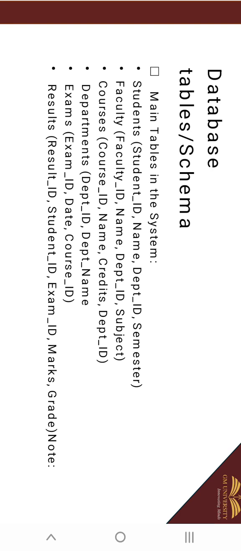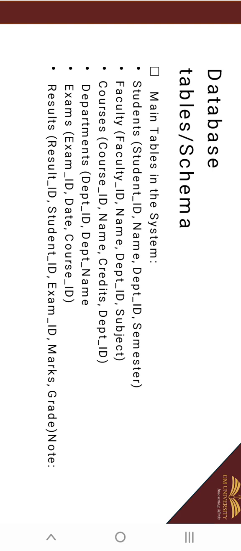Here schema means we have not added any values, we only define the schema. We only define what the entities are, we are not actually adding the data. That is the meaning of schema. And coming to courses: courses include course id, name, credits and department id.